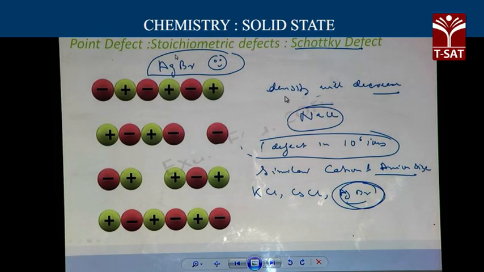In case of NaCl, out of 10 power 6 ions, almost a million ions, one ion gets missed. So, this Schottky defect is shown by ionic crystals whose cationic sizes are bigger.